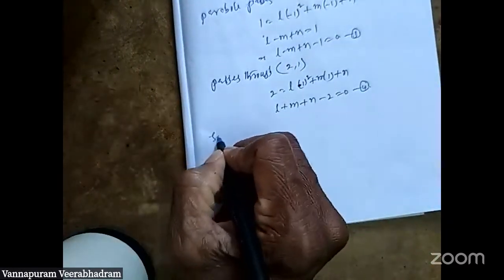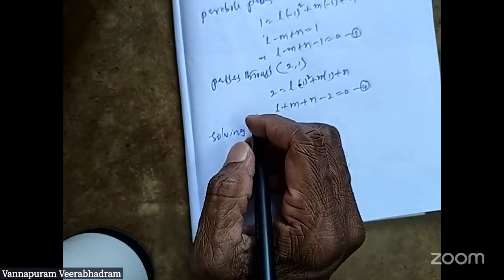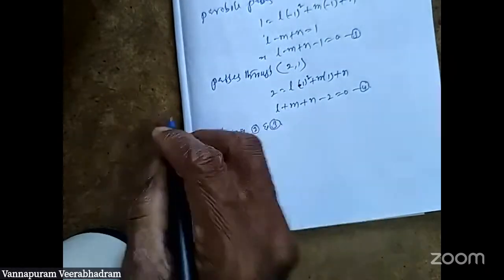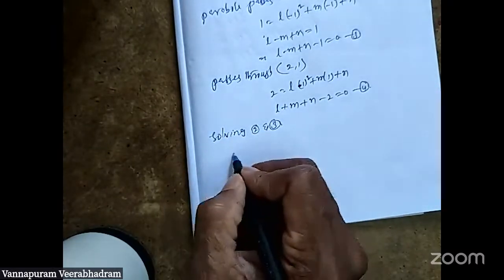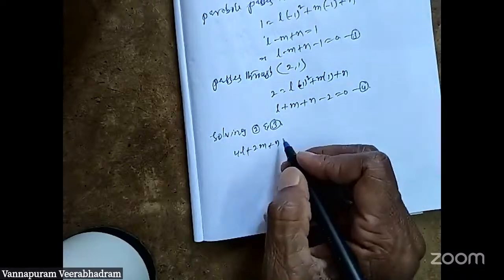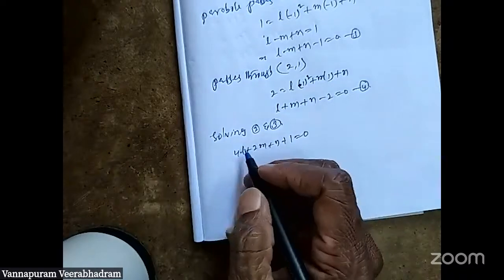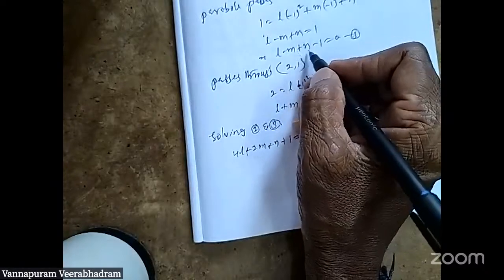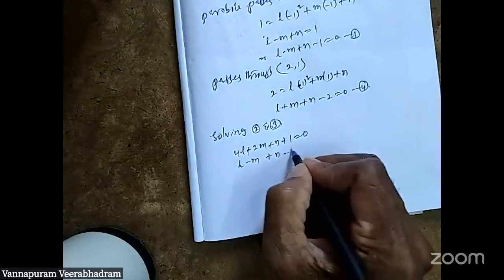So now solving 2 and 3. The second equation is 4L plus 2M plus N plus 1 equals 0, and the third one is L minus M plus N minus 1 equal to 0.